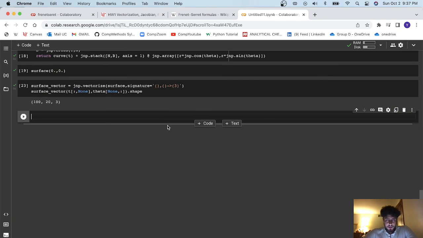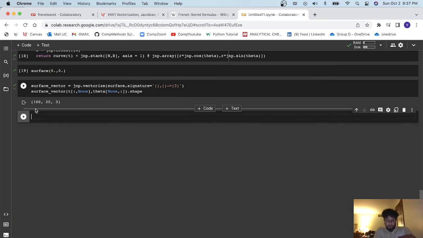So it's basically telling us it's going to be 100 points from n values, and then the new points around the value of t, which is 20, and then 3 is for each of the 20 values. For each of the 20 values, you're going to have 3 coordinate values, which are the x, the y, and the z. So that's what each of those 3 things are telling you.